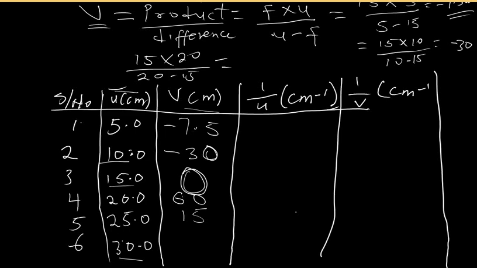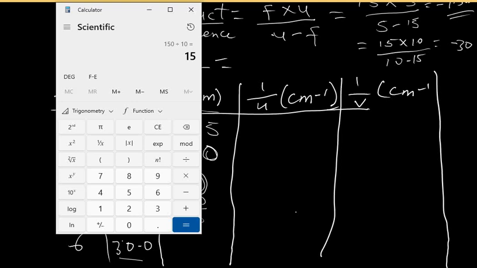Okay, the last one, 15 times 30, and of course 30 minus 15, that's 15. So divided by 15, that's 30.